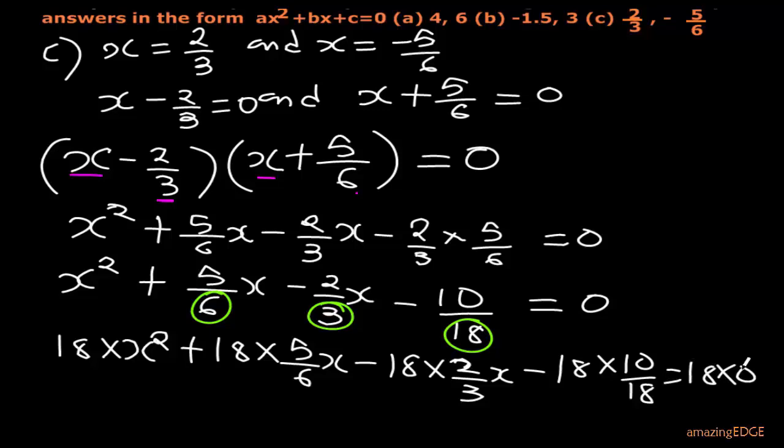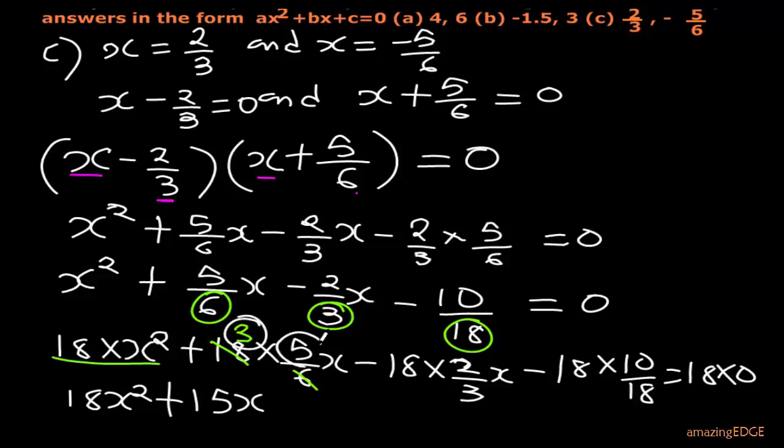That will give us 18 times x squared, which leaves us with 18x squared. Then here we see that 6 divides 18, giving us 3. So in the numerator we're having 3 times 5, which is 15, times x. That gives us 15x.